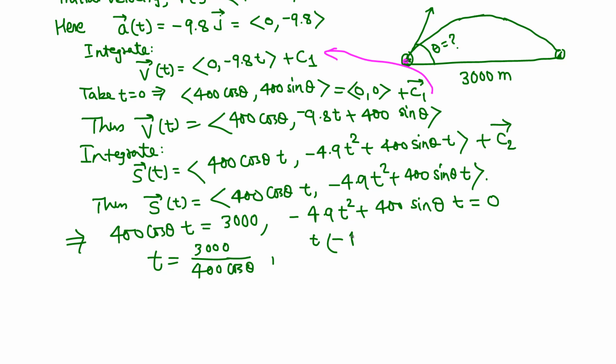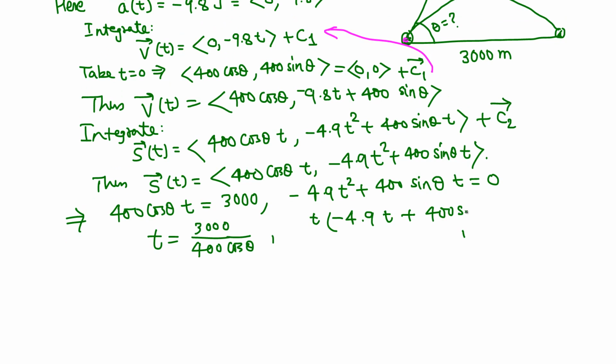That leaves t times negative 4.9 t plus 400 sine theta equals 0. So either t equals 0, that's the initial place, or from this equation, move this over and divide by 4.9, so t equals 400 sine theta over 4.9.